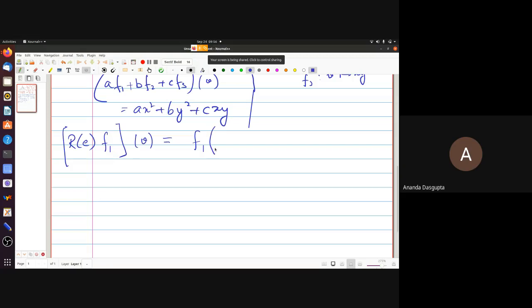It's supposed to give you the same result as f1 does when evaluated on LE inverse V. Right? That's the way the function representation is defined. But what is LE inverse V? LE inverse is of course the same as LE, and LE acting on V does nothing. So this gives you f1 V. And since this is true for all vectors V, we are going to say RE f1 is f1.